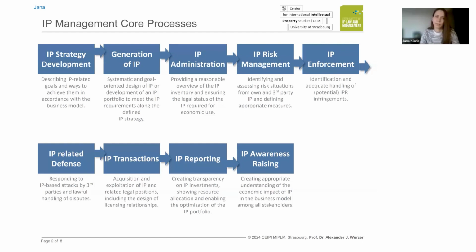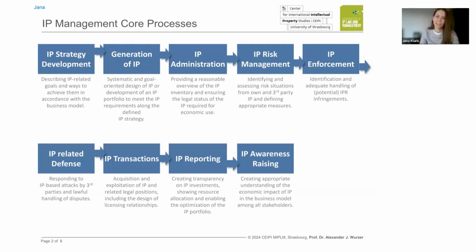Following that, the process is IP transactions. It includes acquisitions and exploitations of IP and related legal positions, including the design of license relationships. Then not the last one, but almost the last one, the IP reporting.